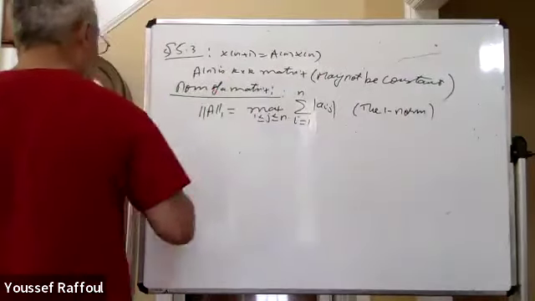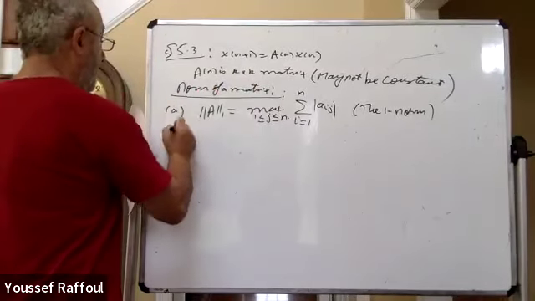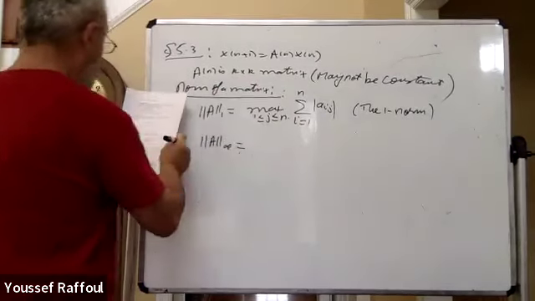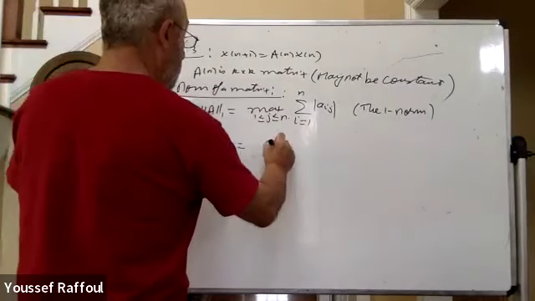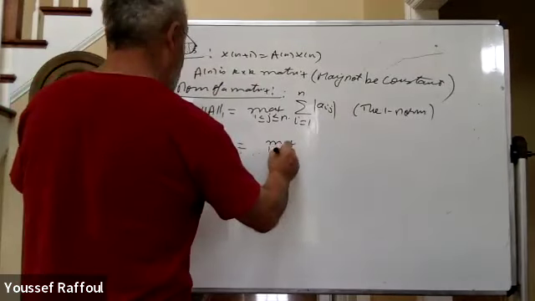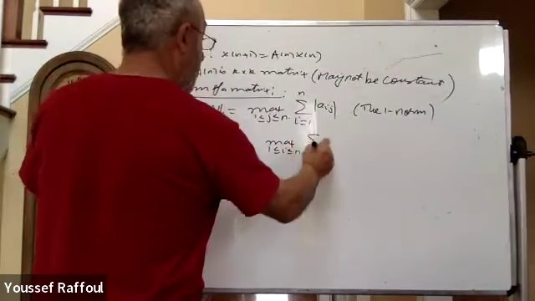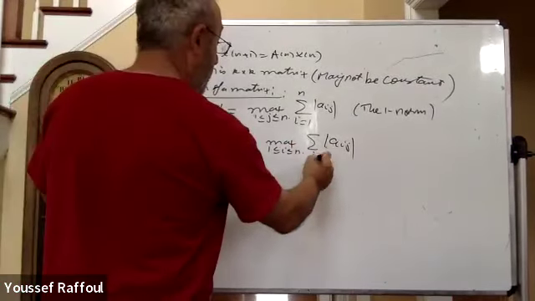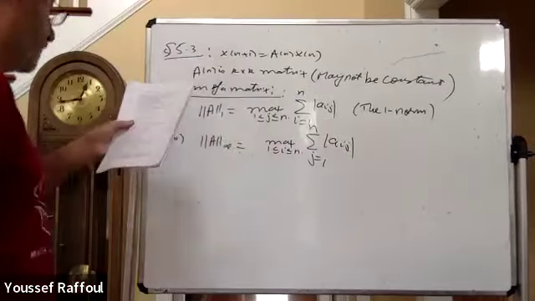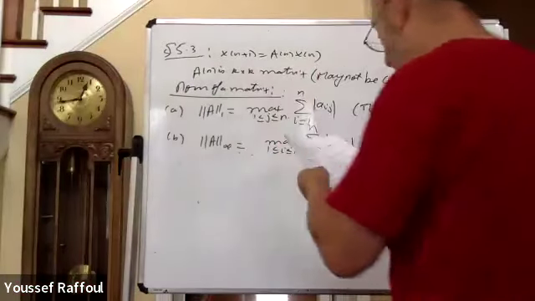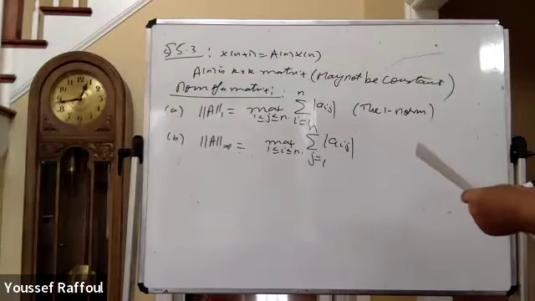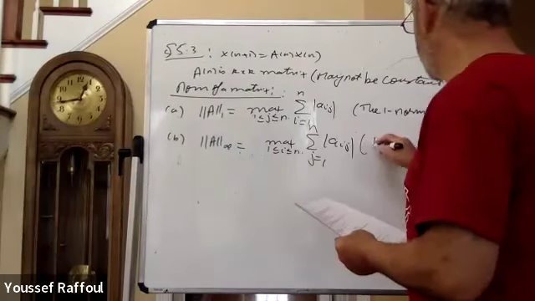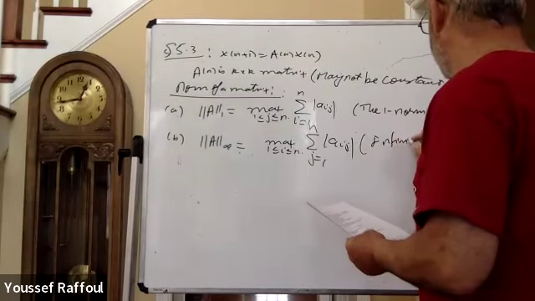Okay? And then the norm of A is the maximum over 1 less or equal to i less or equal to n of the sum over j equals 1 to n of the absolute value of aij. All right? So this is called the infinity norm.